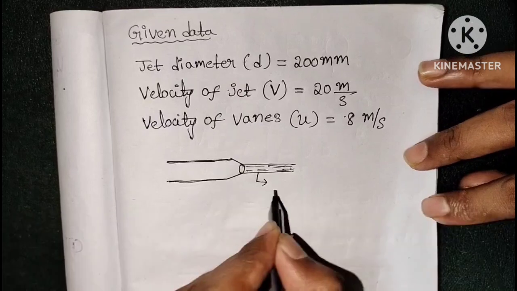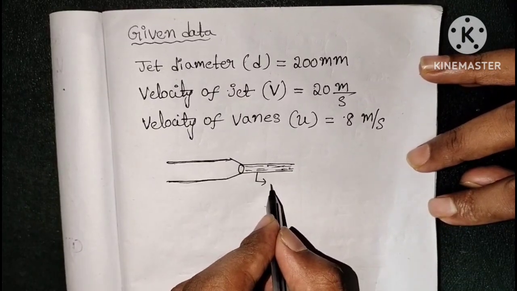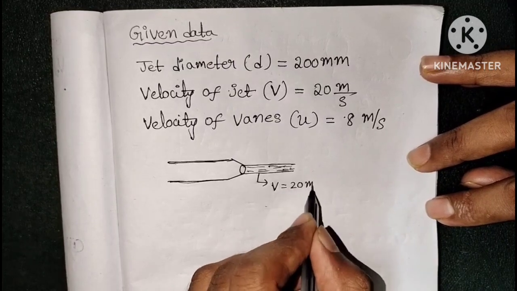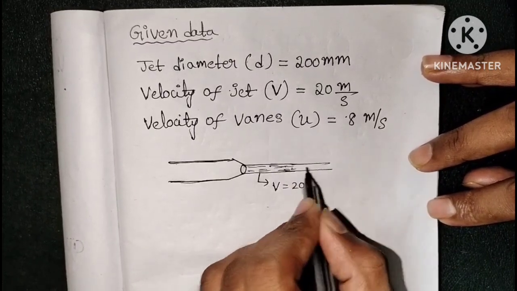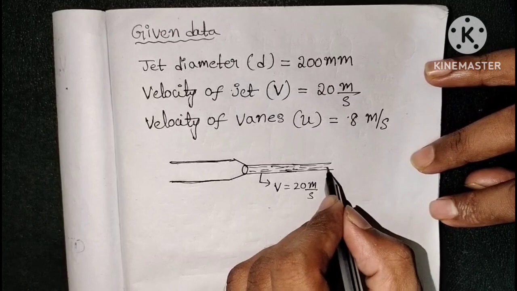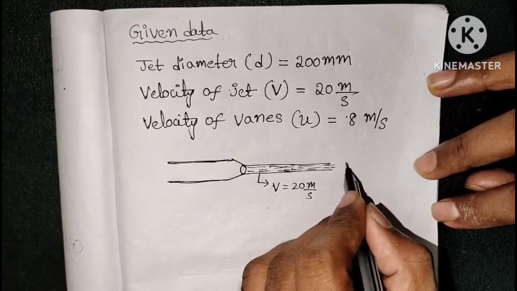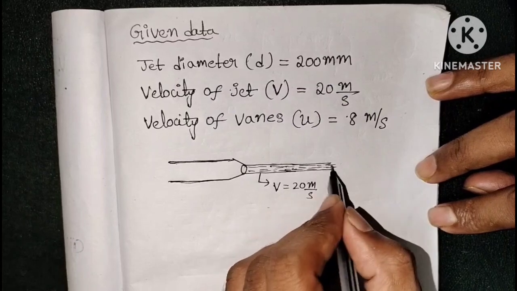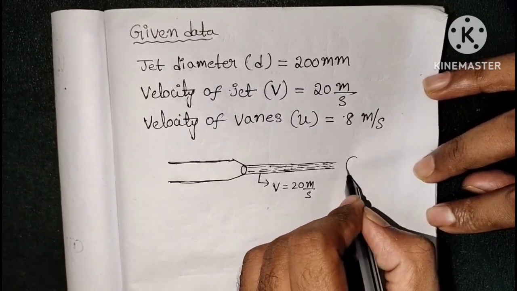This water jet is moving with a velocity V equal to 20 meters per second, and this jet of water strikes a series of vanes mounted on a wheel.